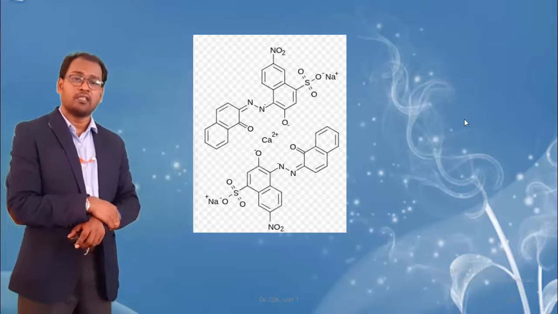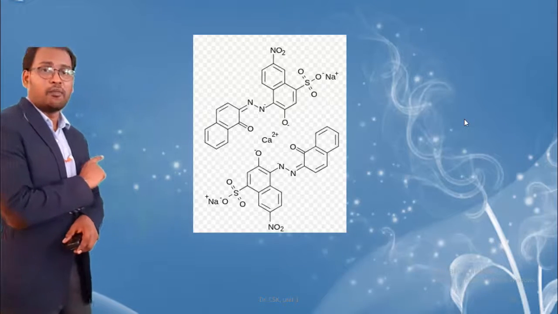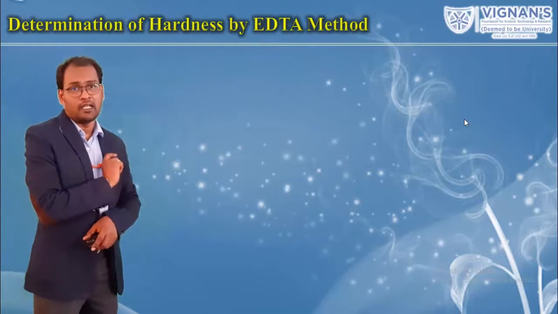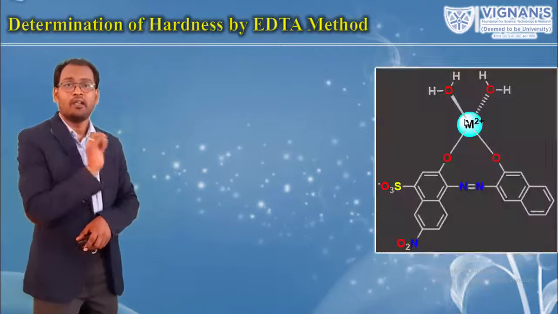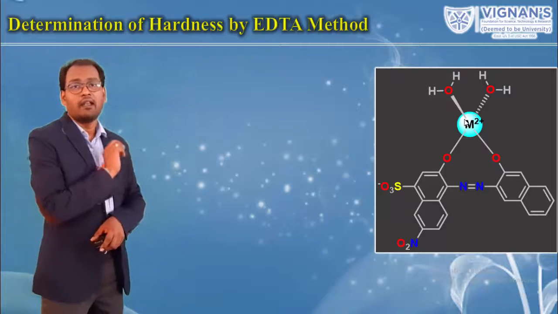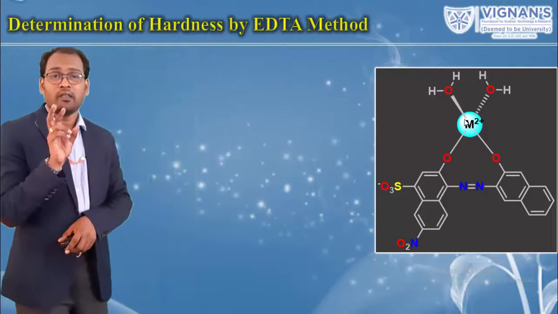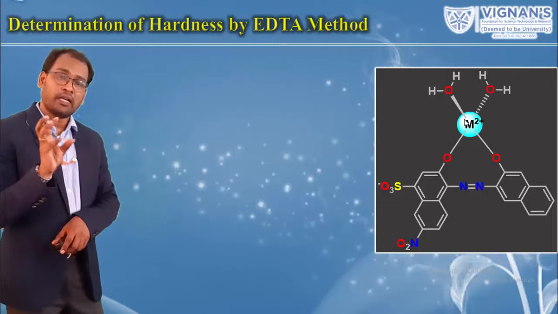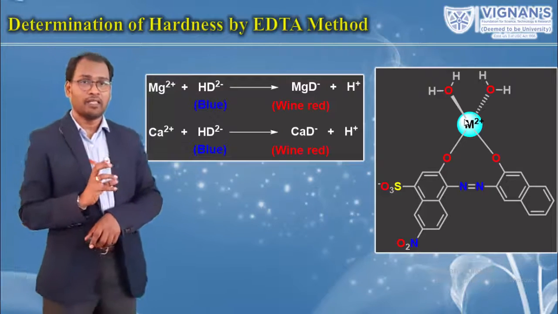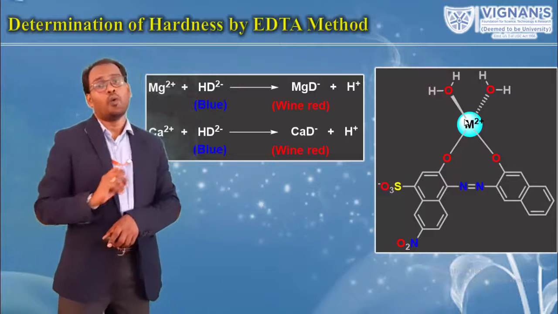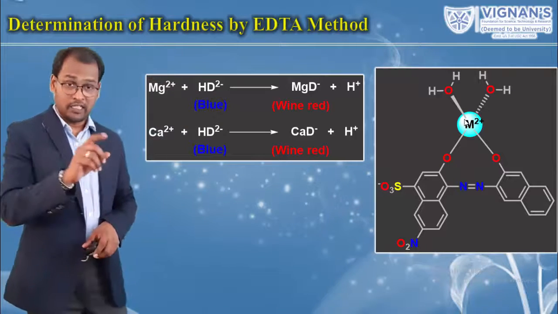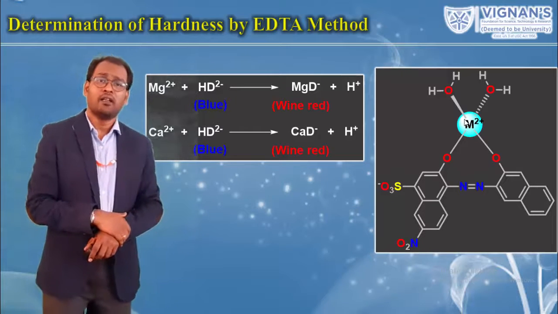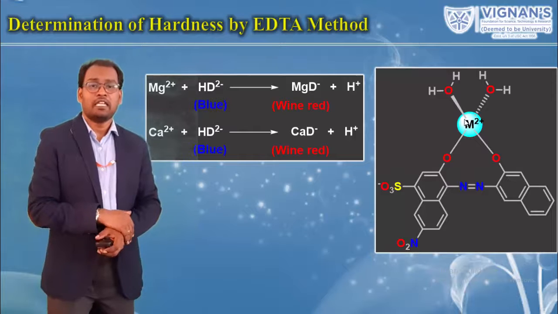You can see these equations here, where the metal salt comes in contact with the indicator at a pH in between 6.3 and 11.5. The color of that solution will be blue, and once the metal comes in contact, it forms a complex that will be wine red in color. That is the structure of the wine red complex when metal forms a complex with EBT.